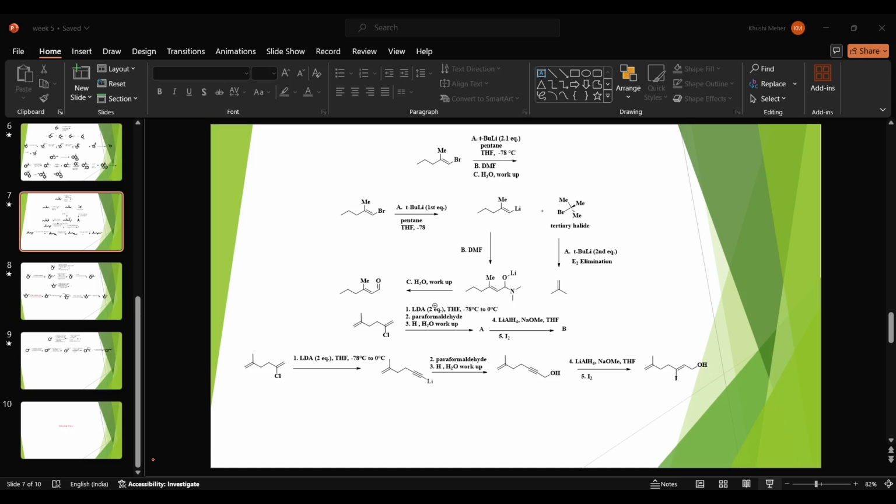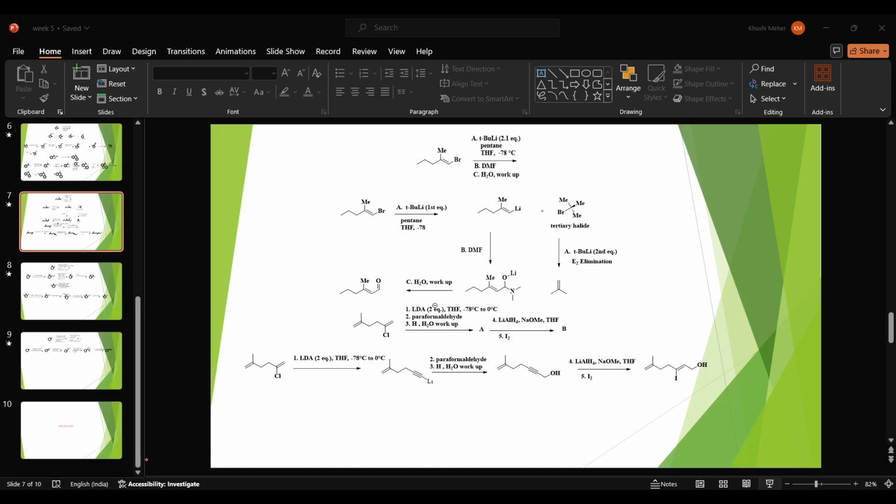And then the next reaction that we have: a symmetric ketone, normally 2,2-dimethylcyclohexanone, in presence of tosyl hydrazide in methanol solvent, and we are using 2.1 equivalents of n-butyl lithium in hexane, followed by carbon dioxide gas and dilute aqueous HCl workup.